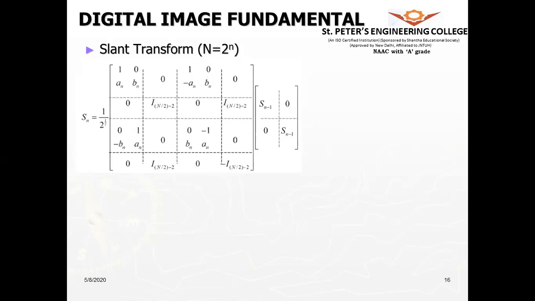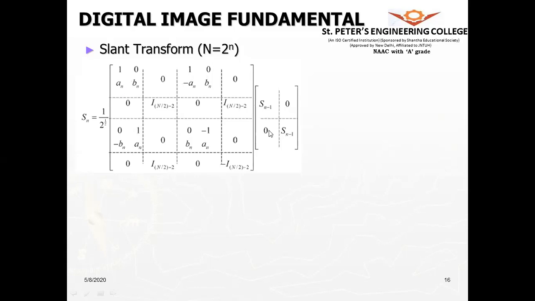So it will all be a square matrix, and the general transform is given by this equation here. And we can see here that you have these values A and B. So these parameters we have to compute.